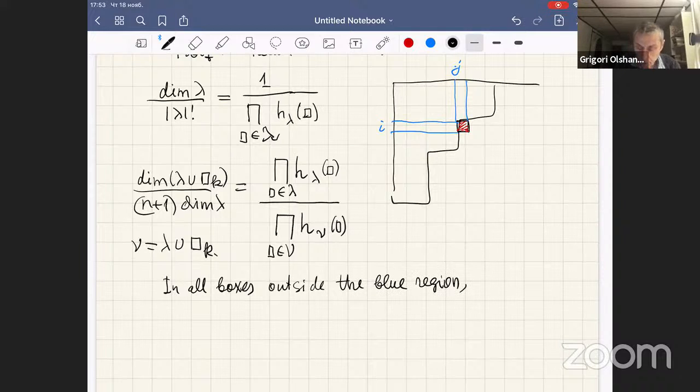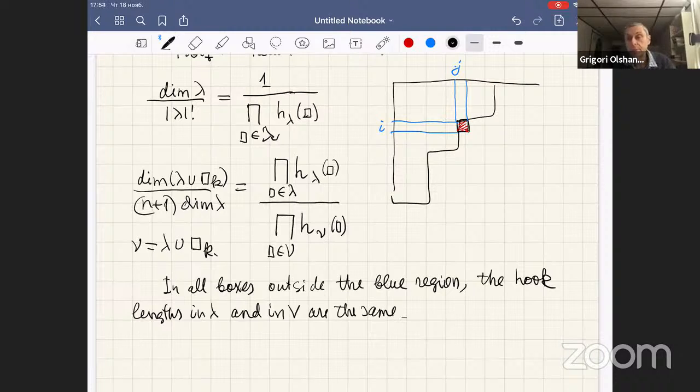So for all boxes here, here, here, here, the hook length in lambda and with respect to nu are the same.